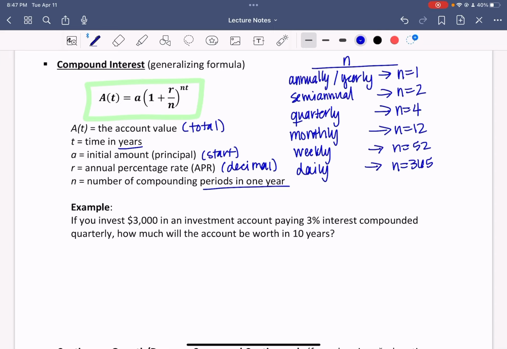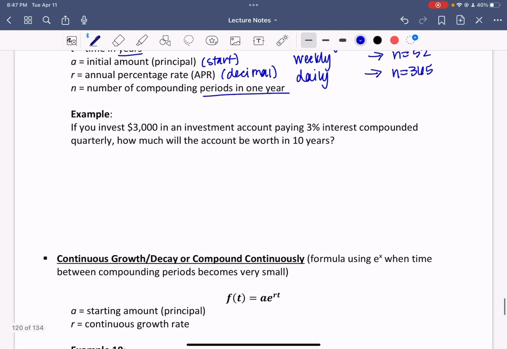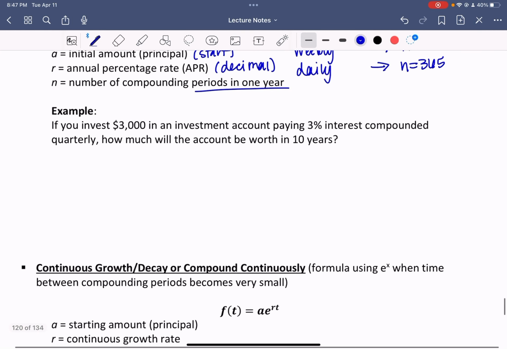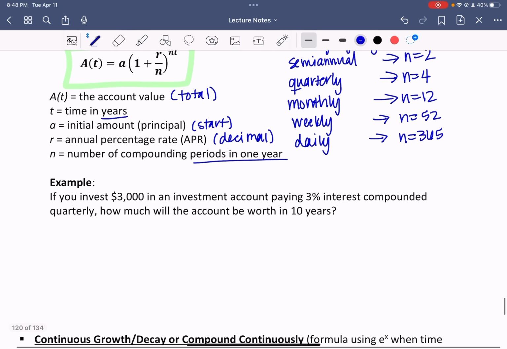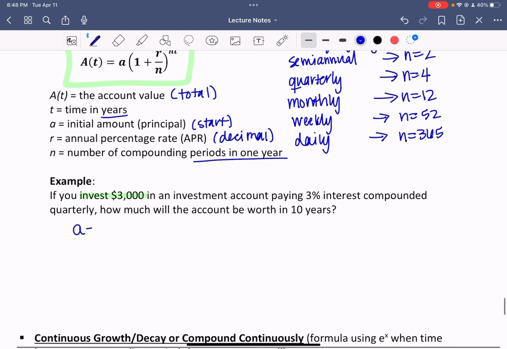So let's see what we can do with some examples. It says if you invest $3,000 in an investment account paying 3% interest compounded quarterly, how much will the account be worth in 10 years? So let's pull out our values. We are going to invest $3,000, so A, the amount that we're going to borrow or invest, our initial amount, is $3,000.